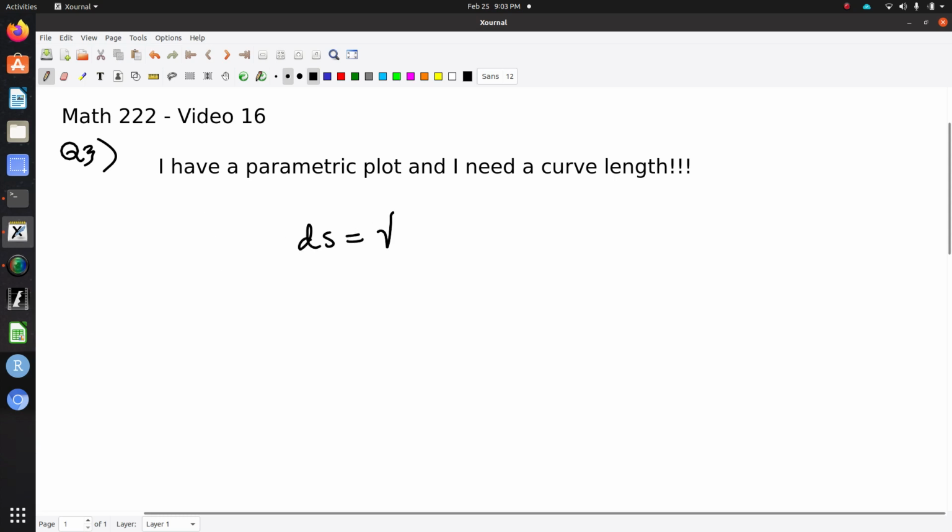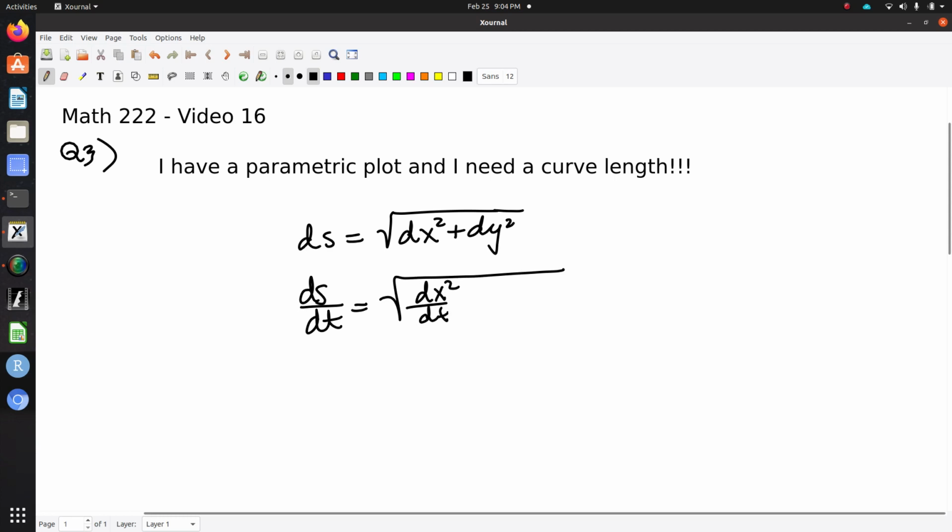ds is the square root of dx squared plus dy squared. But now instead of dividing off by dx on both sides, we're just going to divide everything off by dt and see what happens. Okay, and then you get dx squared over dt squared, dy squared over dt squared.